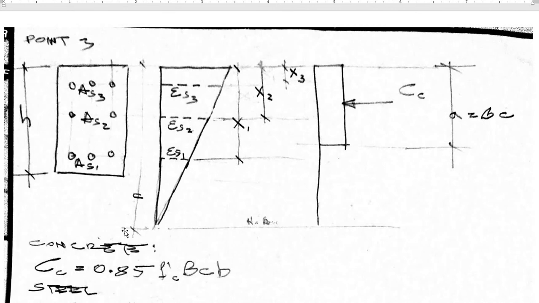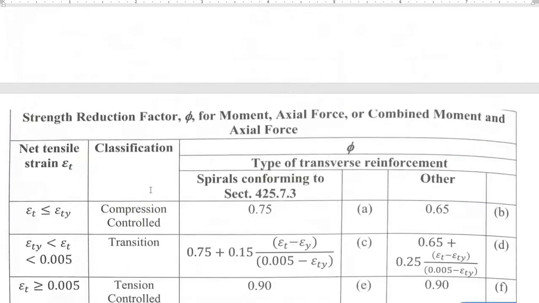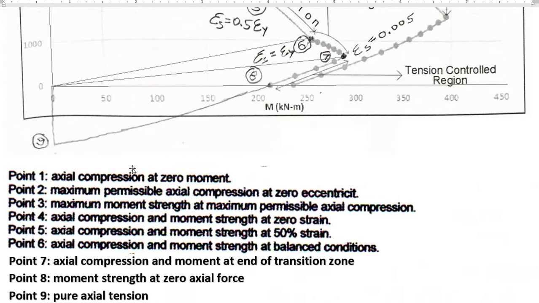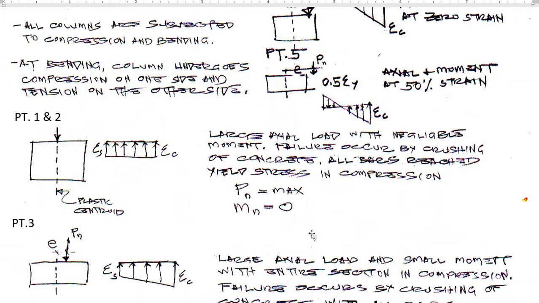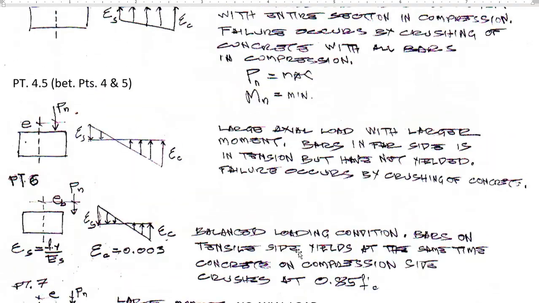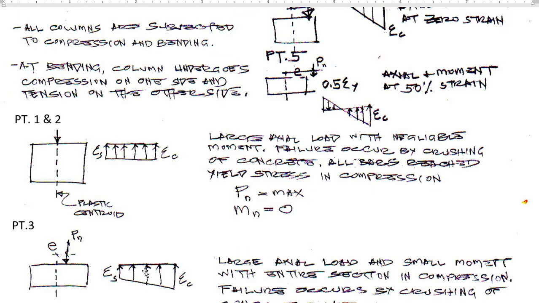Remember na point 3 is maximum moment strength at maximum permissible axial compression. Okay? So, ganito ang kanyang stress diagram. Okay, point 3.